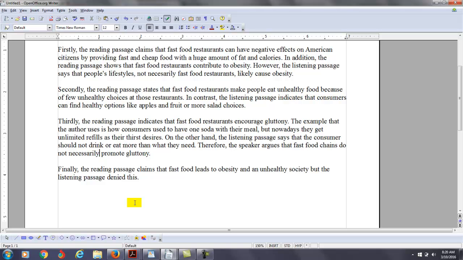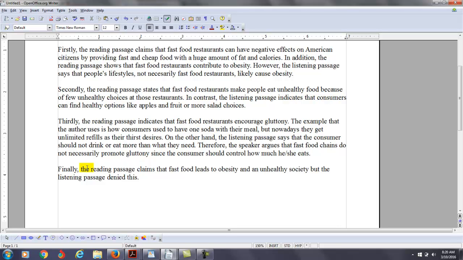I better put this in there. Not necessarily promote gluttony, since the consumer should control how much he or she eats. And that would, I think, be pretty good there.